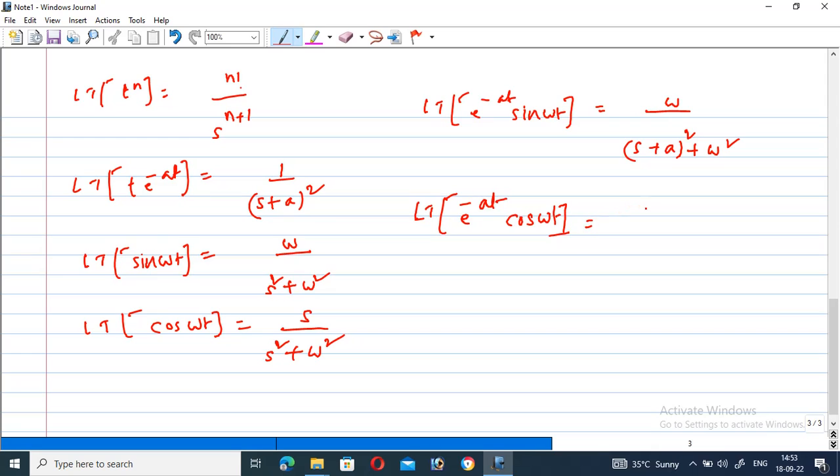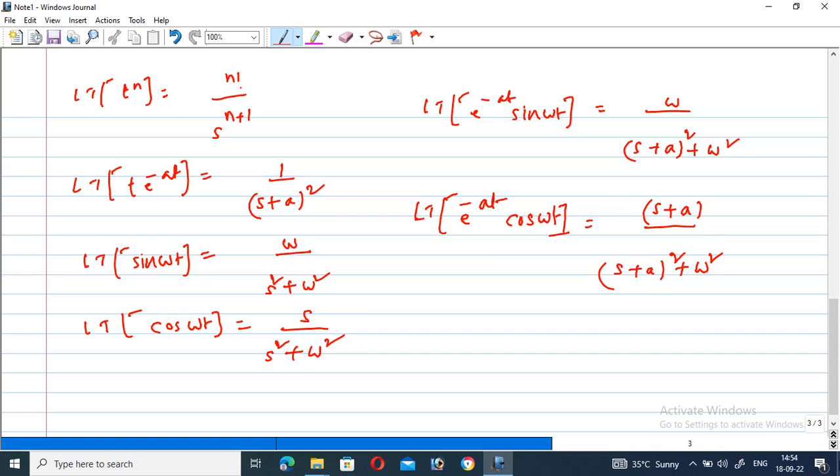Generally cos is nothing but s, so with shifting it is equal to s plus a by s plus a whole square plus omega square. So these are some of the important formulas related to the Laplace transform.